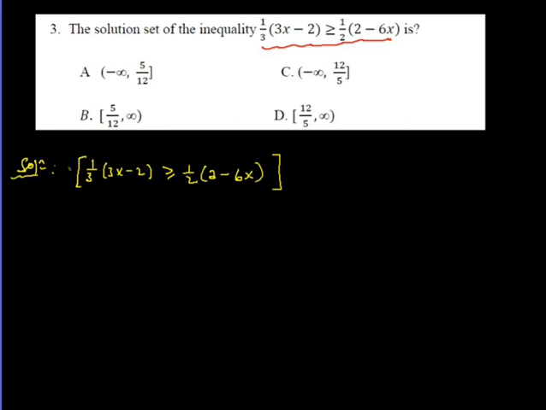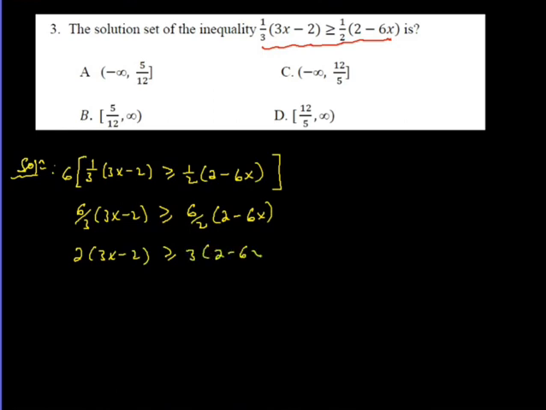Let us multiply both sides by 6. So what will happen? 6/3 times 3x minus 2 is greater than or equals to 6/2 times 2 minus 6x. So this means 2 times 3x minus 2 is greater than or equals to 6/2 is 3, 3 times 2 minus 6x.